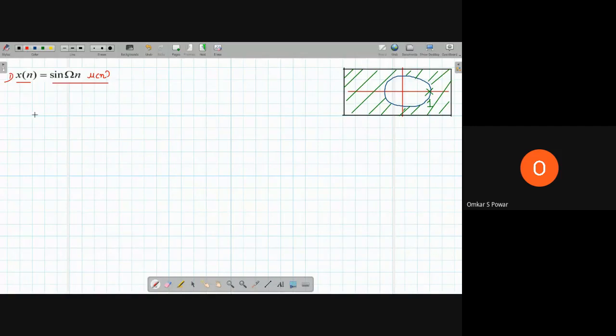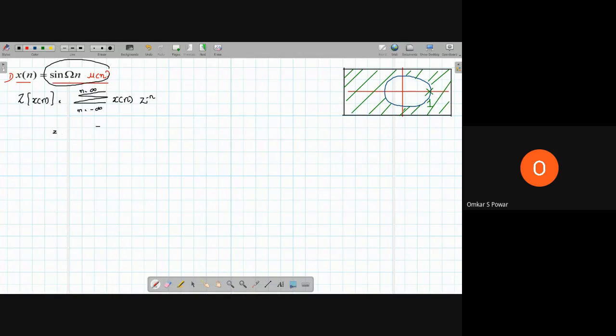The first thing you have to do is write the formula. Z transform of x of n is equal to summation n varies from minus infinity to infinity x of n z to the power of minus n. Now what is x of n? Sine omega n u of n.